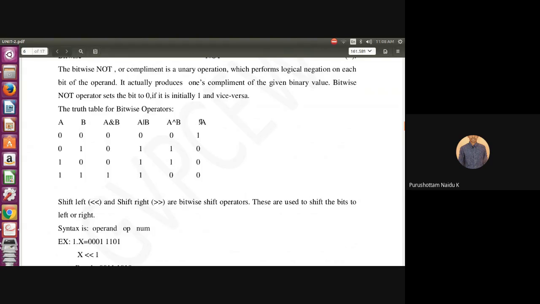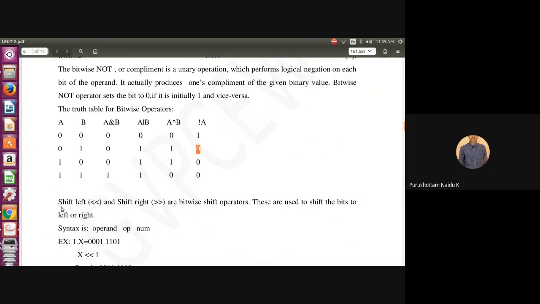Then complement or negation: the bitwise negation is the complement of A, so 0 0 1 1 becomes 1 1 0 0. That gives the negation of A, which completes the truth tables of the bitwise operators.